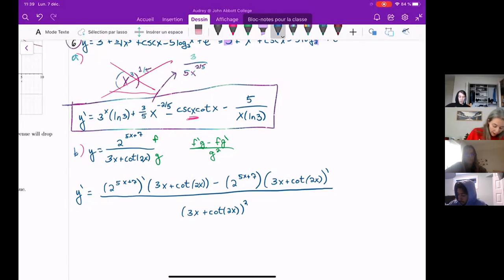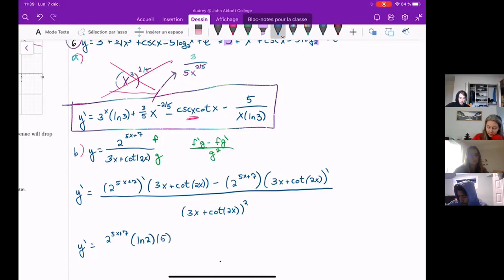Now I will do those primes. So I'll get that y prime is, bless you. Sorry. Thank you. So this is going to be 2 to the 5x plus 7. Don't forget to multiply by ln 2. Is there anything else I need to not forget to multiply by? 5. We're doing a chain rule here.